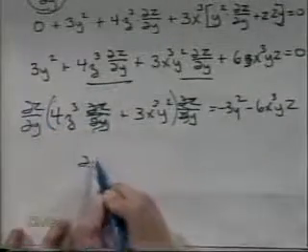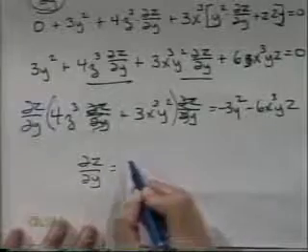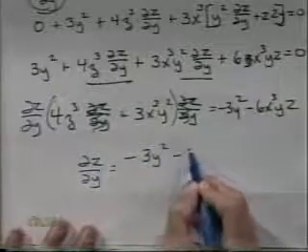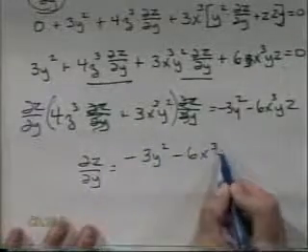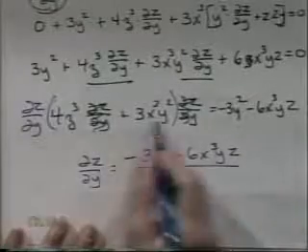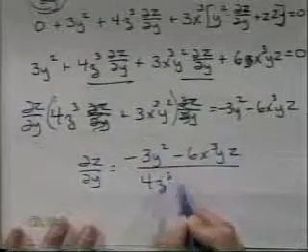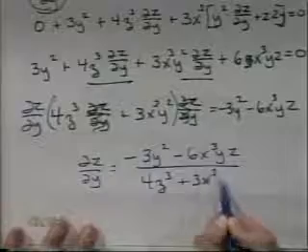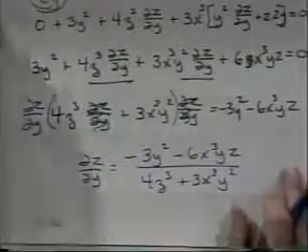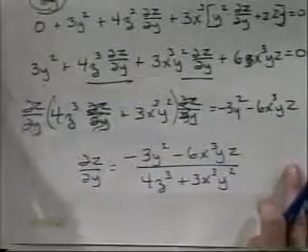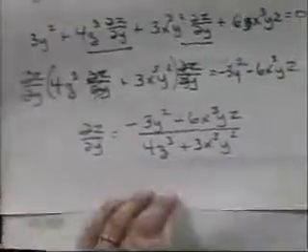And so the partial of z with respect to y is equal to minus 3y squared minus 6x cubed yz all over 4z cubed plus 3x cubed y squared. Okay, we all got that down? Okay, I'll just leave it there for a minute as people are writing it down.